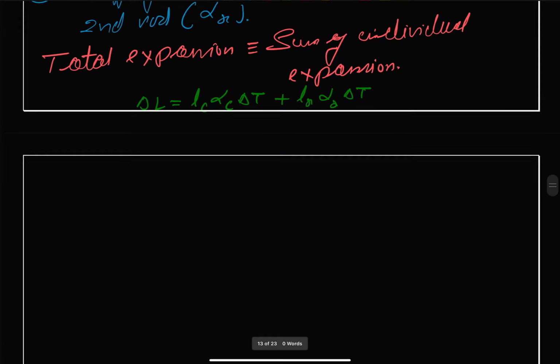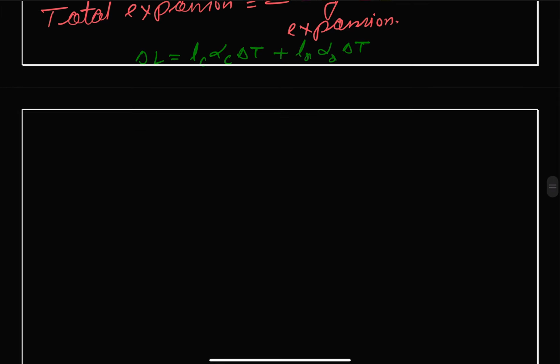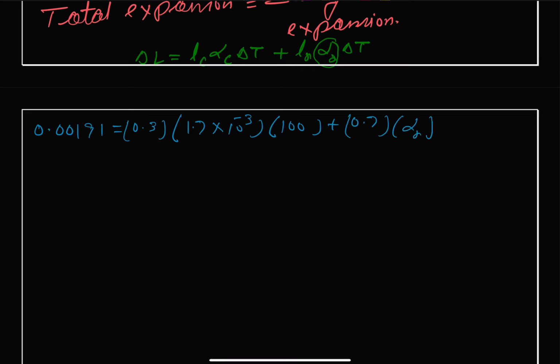We substitute the values because all are known except this alpha of x. So we get 0.00191 is equal to 0.3 times 1.7 into 10 to the power minus 5 times 100, plus 0.7 alpha of x times 100.